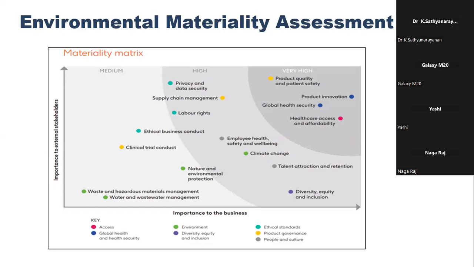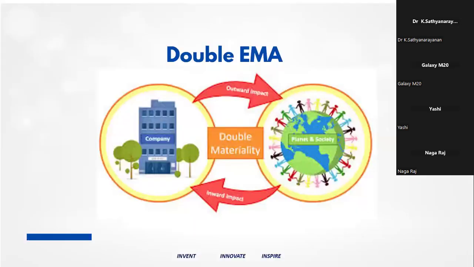The next one, double materiality assessment, is nothing but what is called the outside-in concept, where the environment outside your organization creates an impact on your business. For example, how climate change can impact your operation.